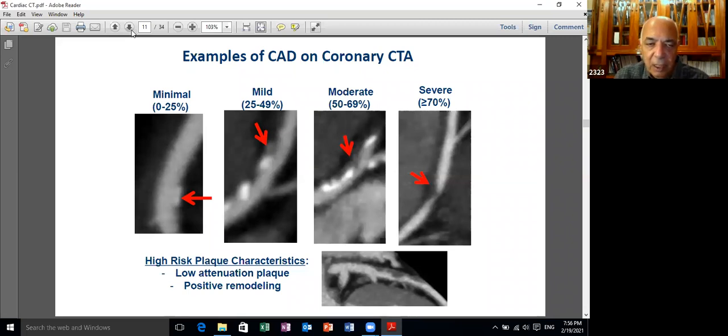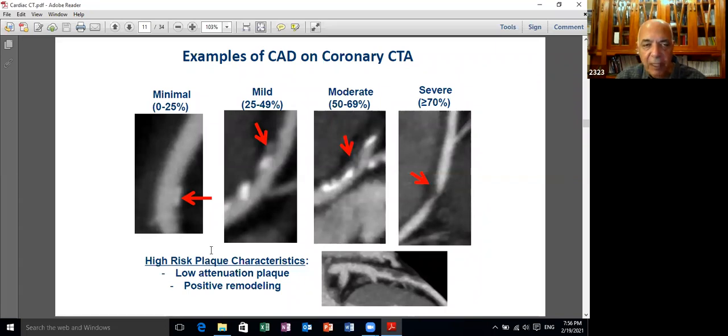And in addition, the CT provides something which the invasive coronary arteriogram doesn't provide, and that's the high risk characteristics of the plaque. We will come into that in detail: low attenuation plaque with positive remodeling, that's a plaque in which there is an increase in the outer diameter of the vessel, a Glagov effect, spotty calcification, and what we call the napkin ring sign, and I will come to that.